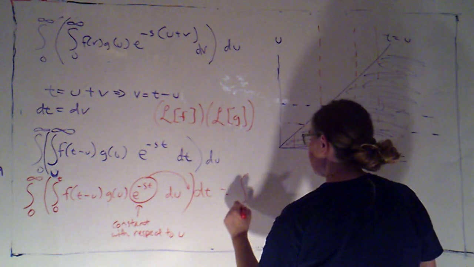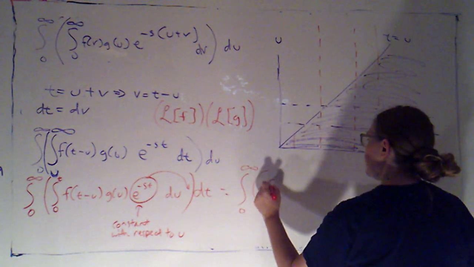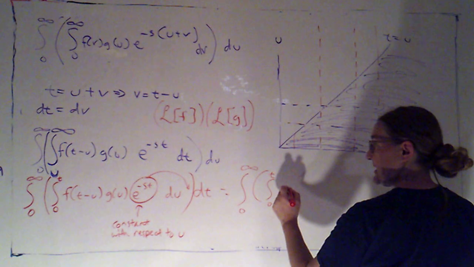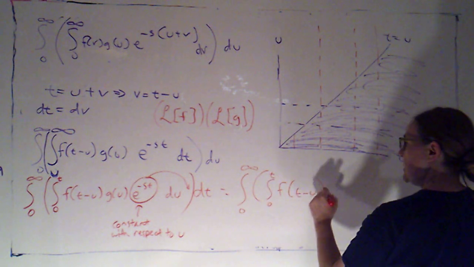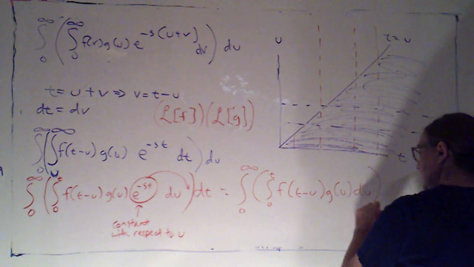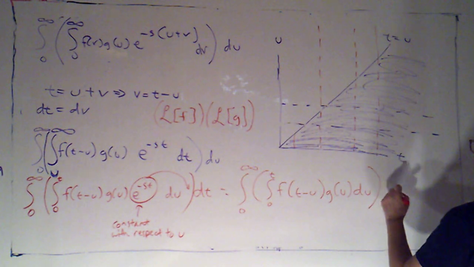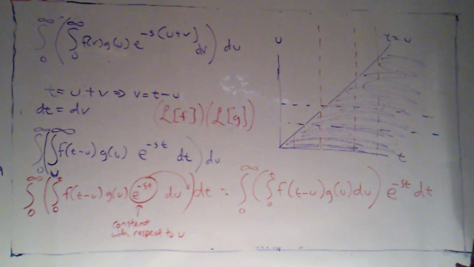So I can say this is the integral from 0 to infinity of the integral from 0 to t of f of t minus u times g of u du, and then I've pulled out that e to the negative st dt.